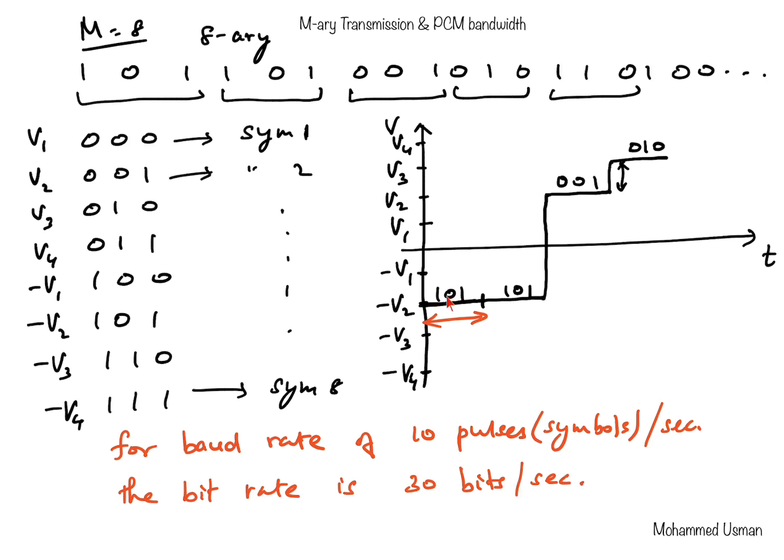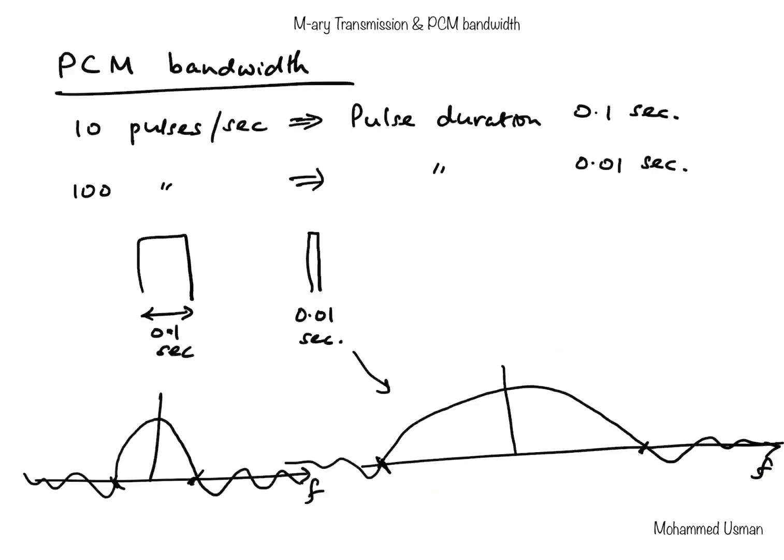So here, these are 3 bits per symbol or per pulse, and this 3 is coming from log to the base 2 of M, for M-ary transmission.